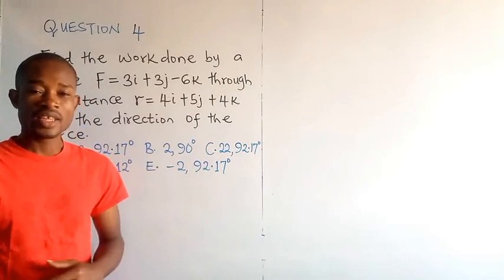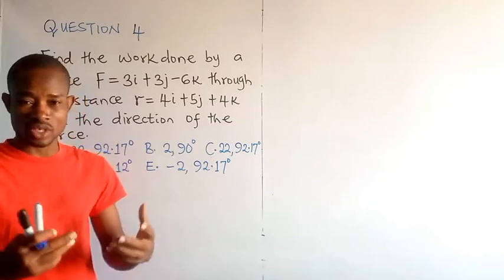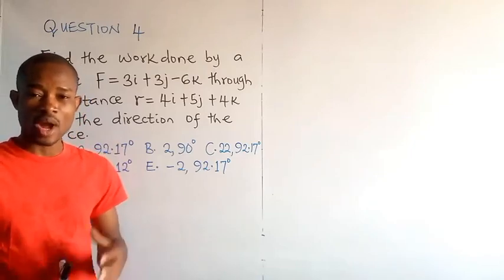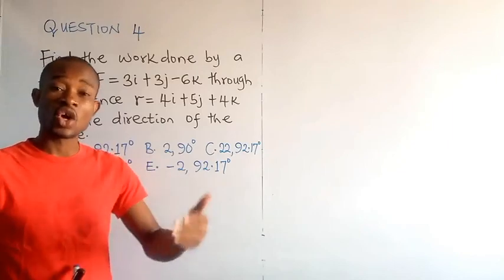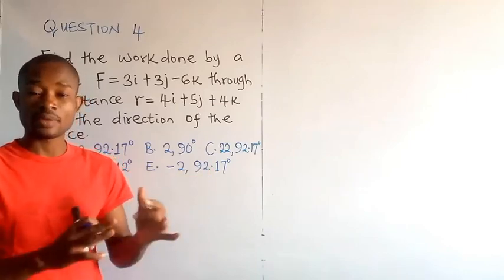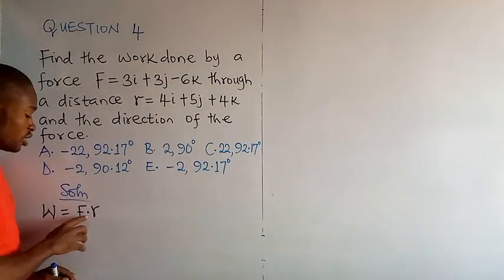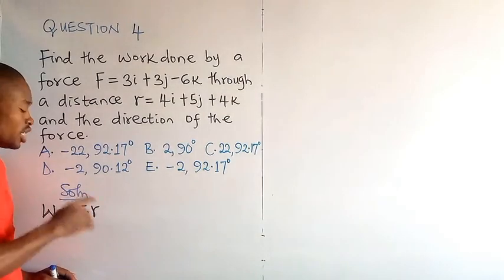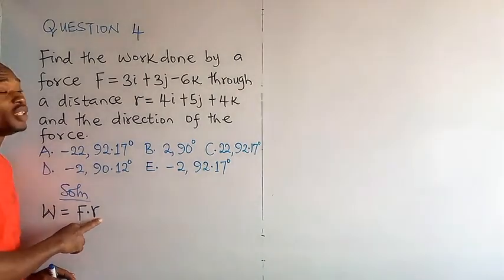It's actually a form of multiplication, one of the ways in which vectors can be multiplied. Remember in question 1, I talked about a cross product? So we have another called the dot product. Either I call it dot product or scalar product. So that's the symbol. And because work is a scalar quantity, to obtain the value of work, you simply do the dot product, the scalar product of the force and the distance.